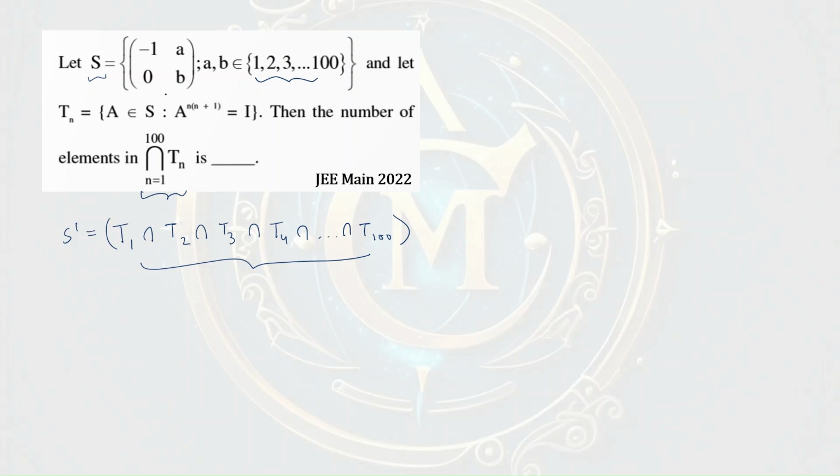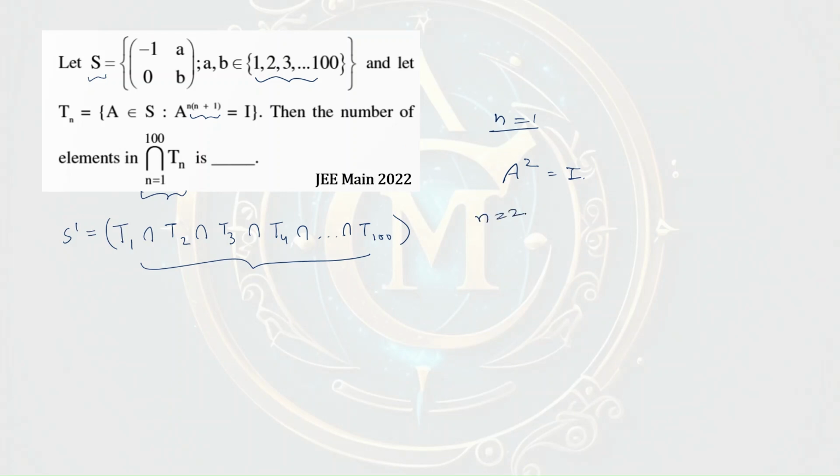So A is a matrix which resides inside the set S such that A to the power n into n plus 1 is the identity matrix. Now here you can see that if we put n equal to 1, it becomes A to the power 2 is I, that is the identity matrix.